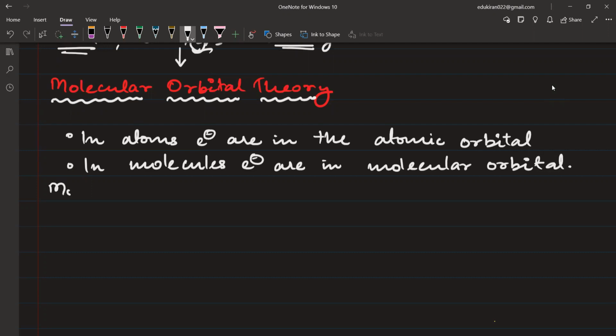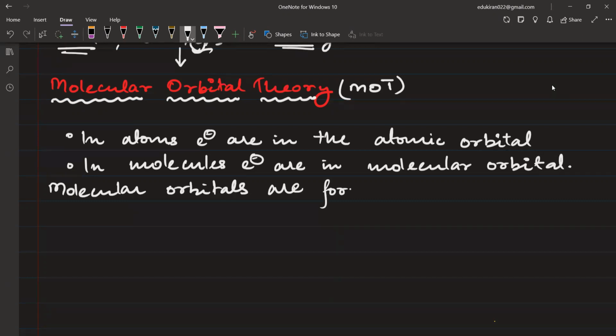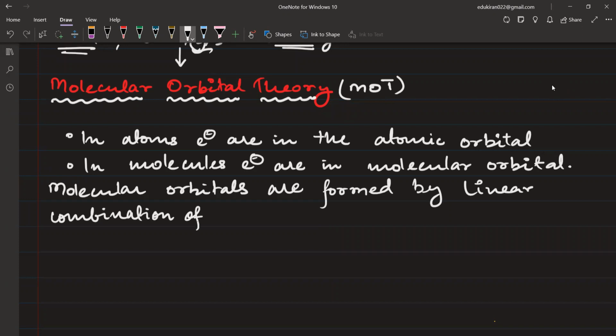Please write molecular. This is also, I will refer to this as MOT. Okay, molecular orbitals. Molecular orbitals are formed by linear combination of atomic orbitals.